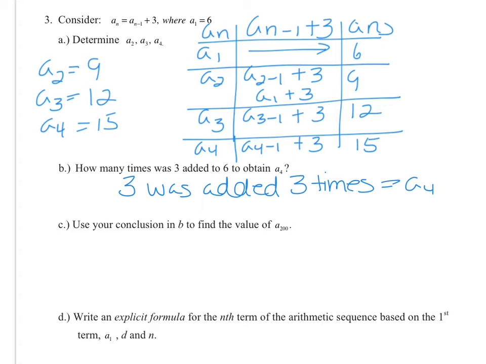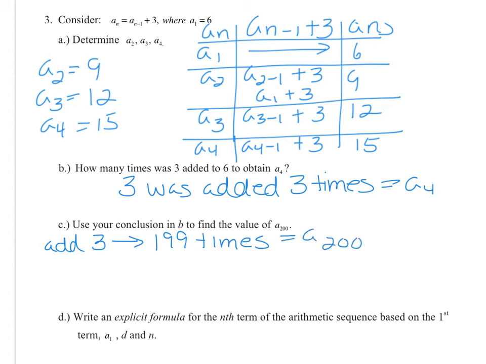Well then, to get to a sub 5, I would add it 4 times. Yeah, you're right. For a sub 6, 3 would be added 5 times. So to get to a sub 200, we're going to add 3, 199 times to equal a sub 200.